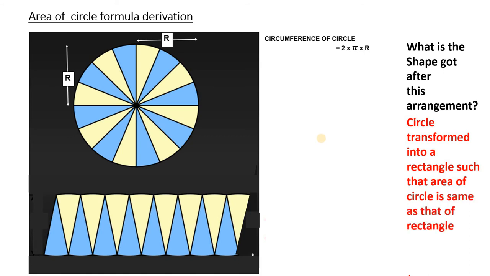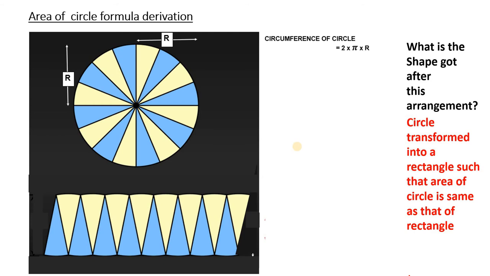I have not overlapped them. I have just kept them adjacent to each other, in such a way that they form a near rectangle. You may say it looks like a parallelogram. Just for your understanding, I have divided the circle into 16 parts only. Instead of 16 equal parts, I can make it 32 equal parts or 64 equal parts.